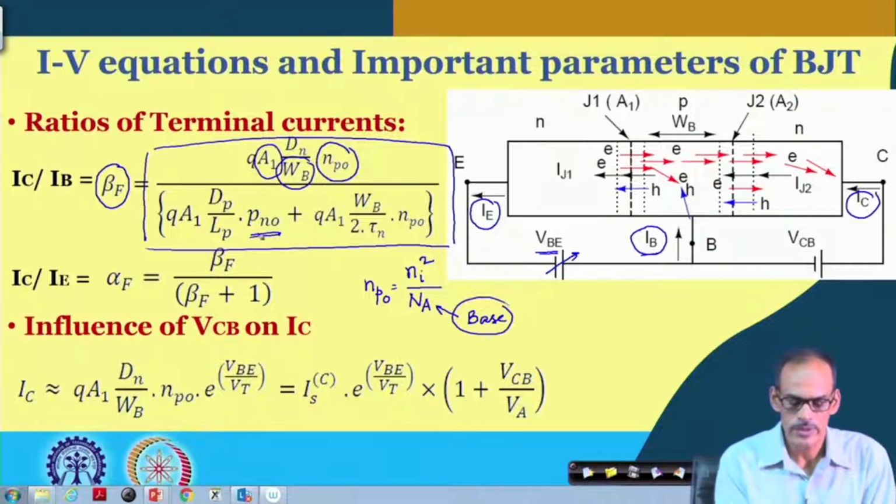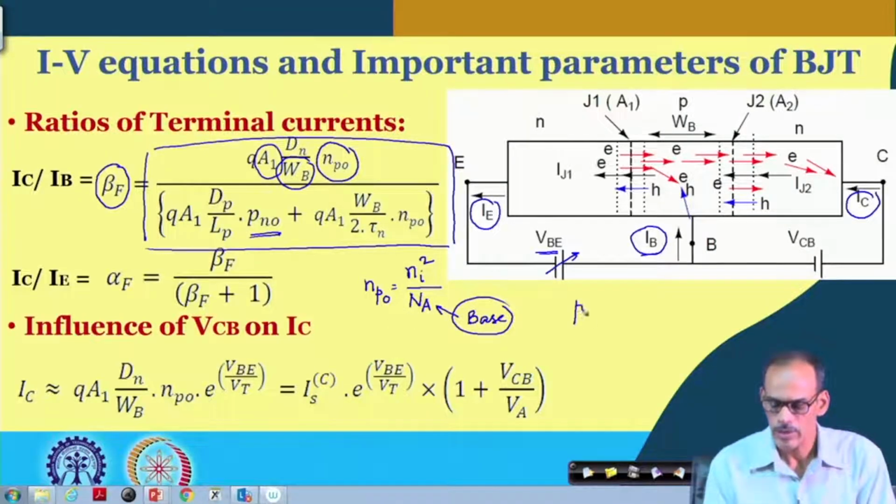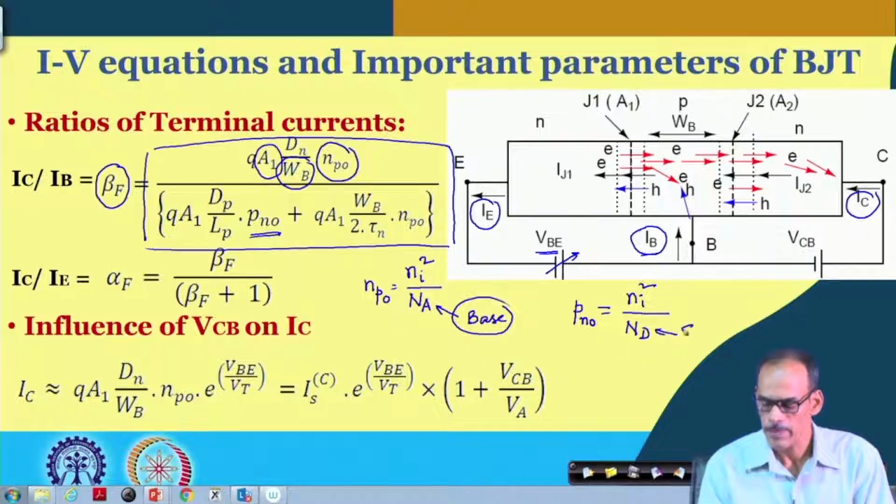Likewise, the P in naught, the minority carrier concentration deep into the emitter region, is equal to Ni square divided by the donor concentration in the emitter region.